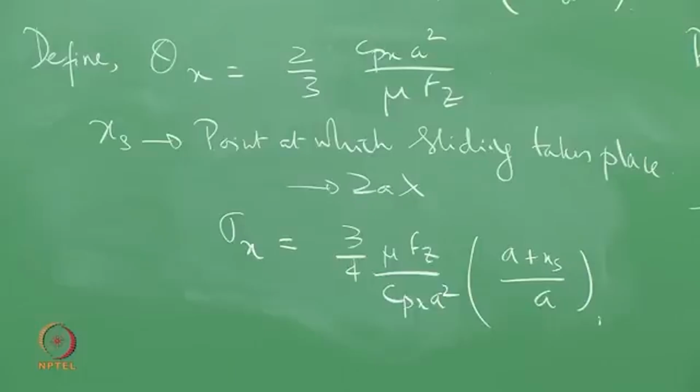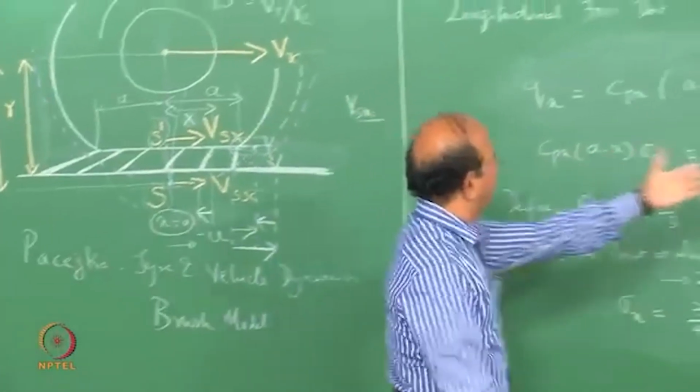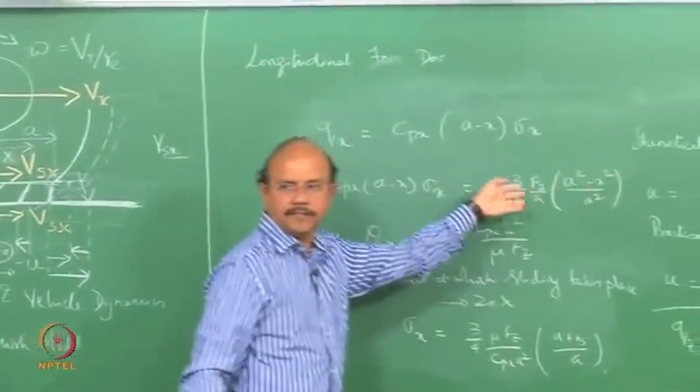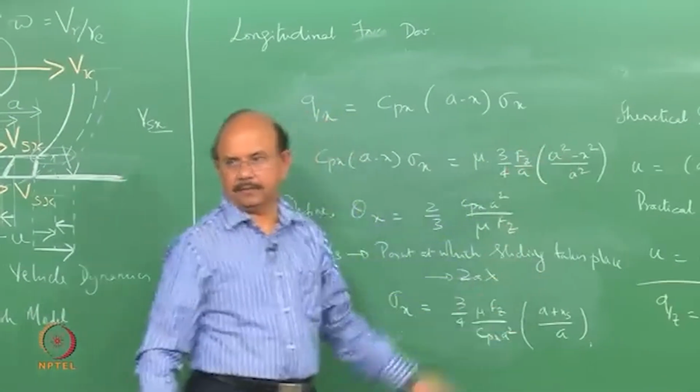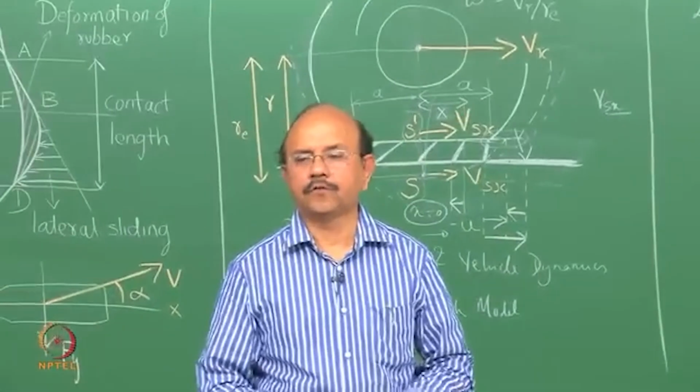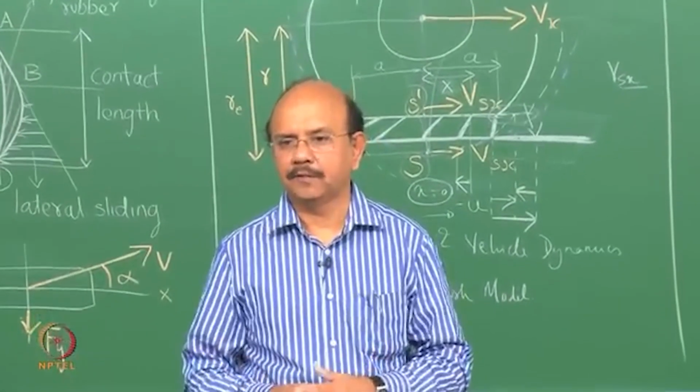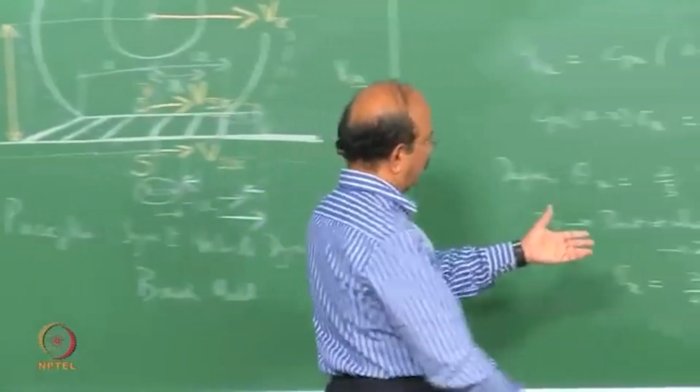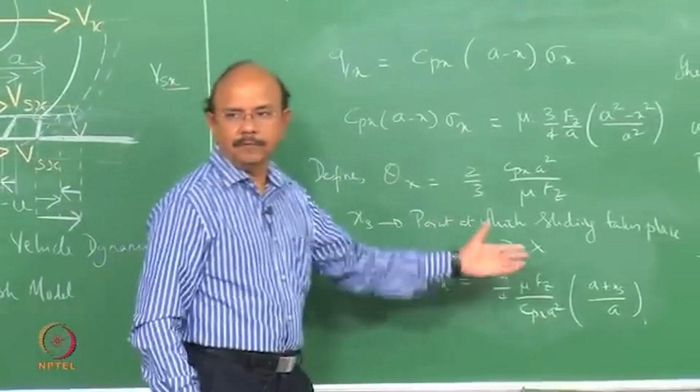What I did was just a plus x into a minus x. My goal is to find out when total slip takes place. When does total slip take place? Lambda is equal to 1. Okay, that makes my job easy.